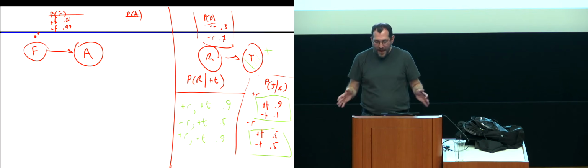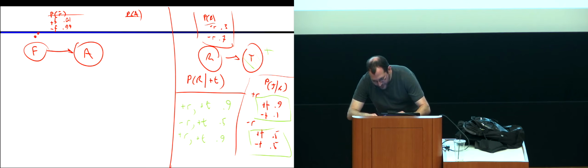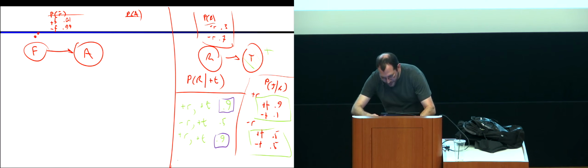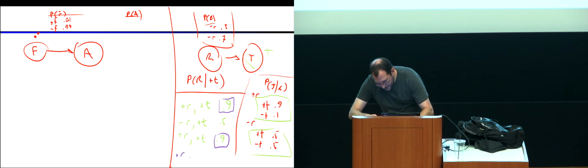So what is the mass on plus R? For plus R, that's this one and this one for a total of 1.8. So here for plus R, I have 1.8. And then for minus R, I just have this one sample, and it doesn't even have as high weight, so 0.5.